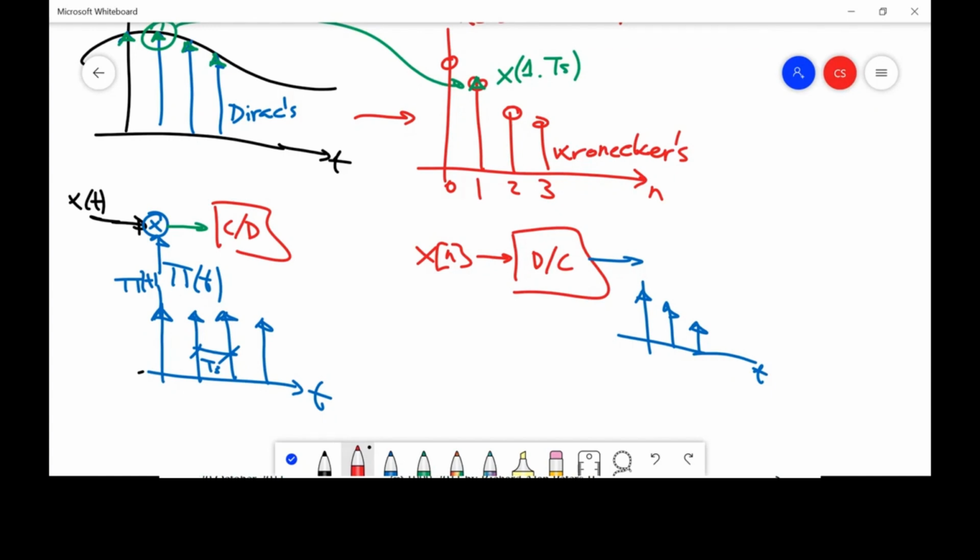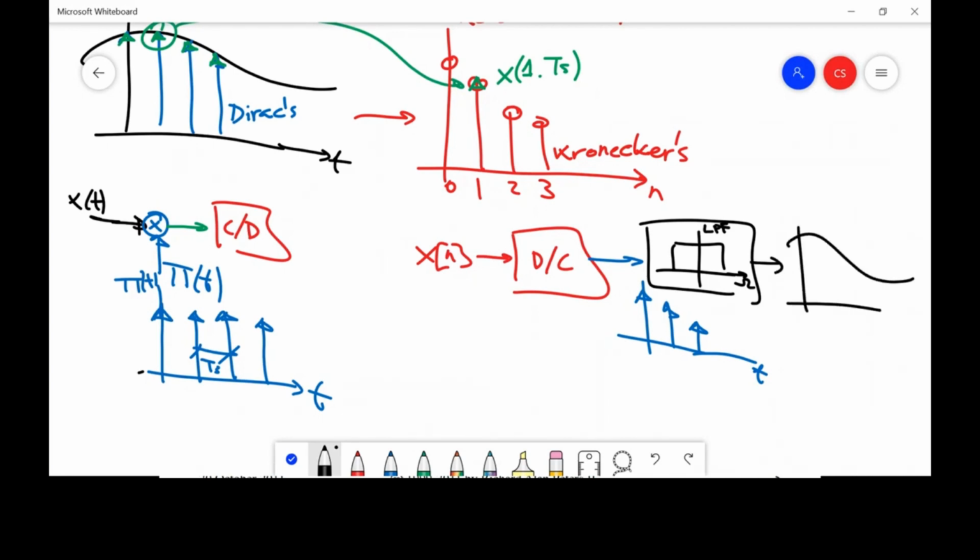What do I have to do to recover my original signal? The low pass filter. You need the low pass filter with the right cutoff frequency, and now you recover your original signal.